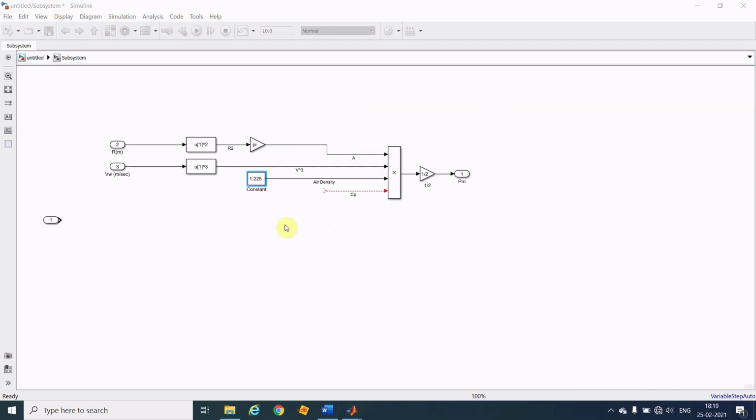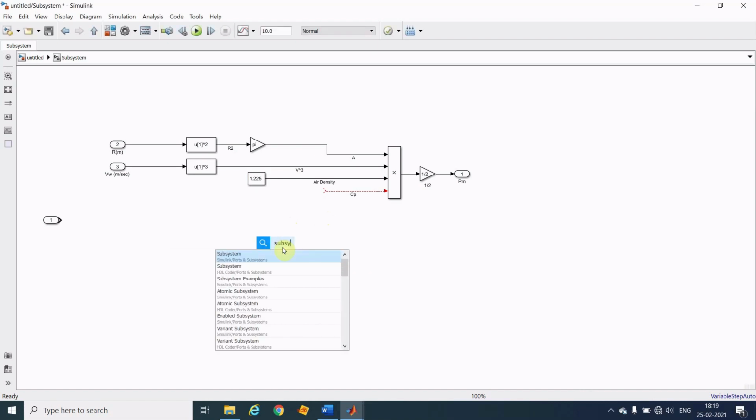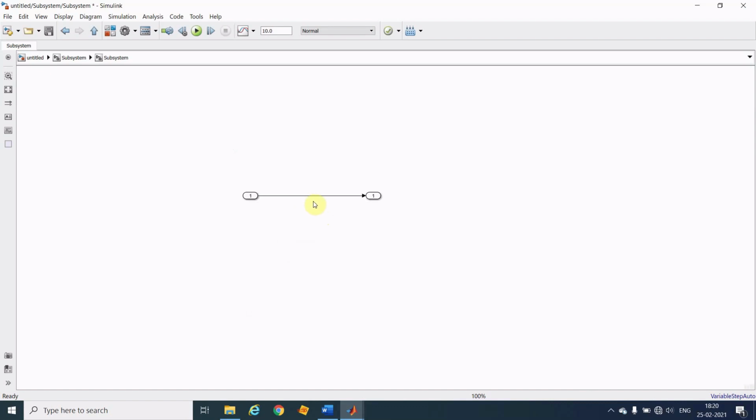calculate Cp. For Cp, take a subsystem, okay, and go inside the subsystem, and here write Cp. Okay. So this Cp is a function of alpha and beta.